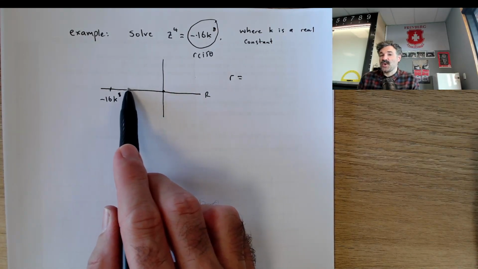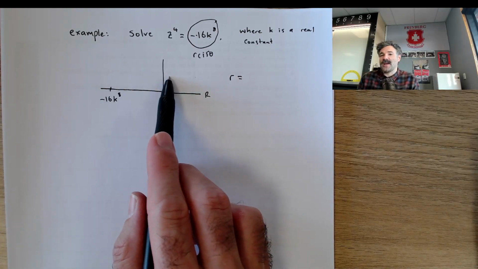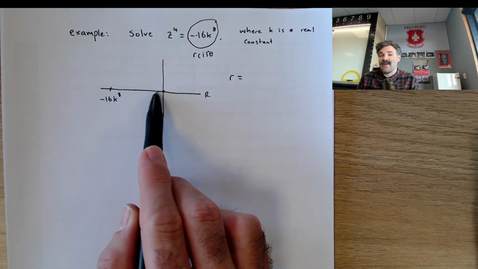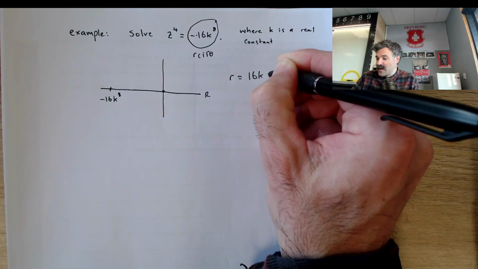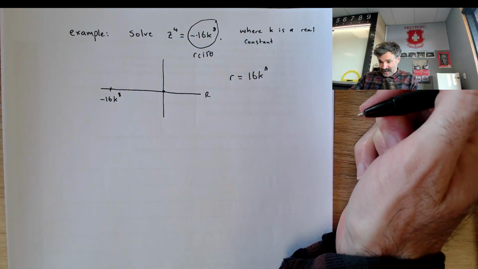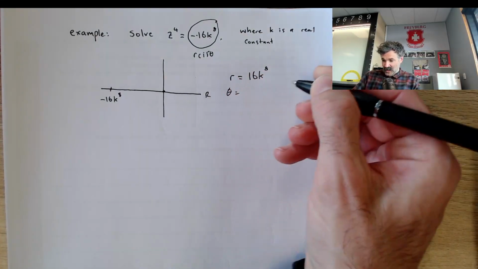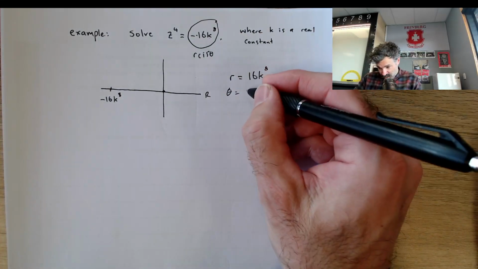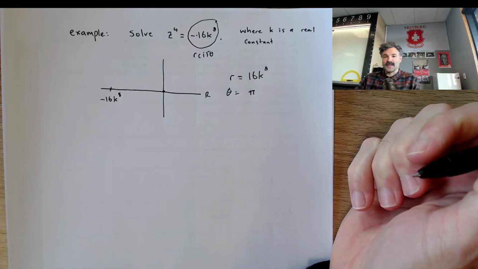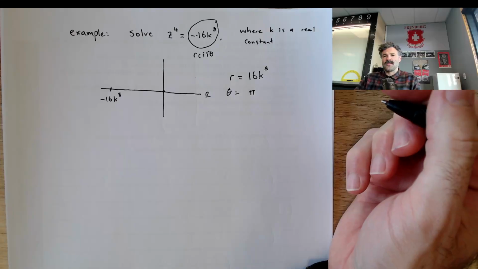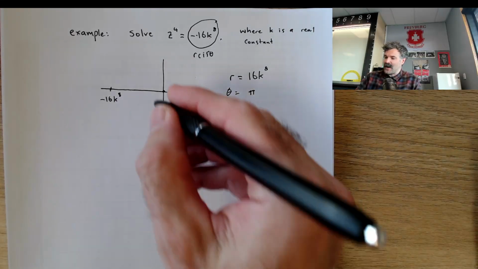The distance is purely a length. My angle will tell me to come to here. My length will tell me how far to travel in that direction. So my r is always a positive number. I travel 16k to the power of 8. My angle tells me to go in the direction of 180 degrees or pi radians. So that is what my angle and my r are.